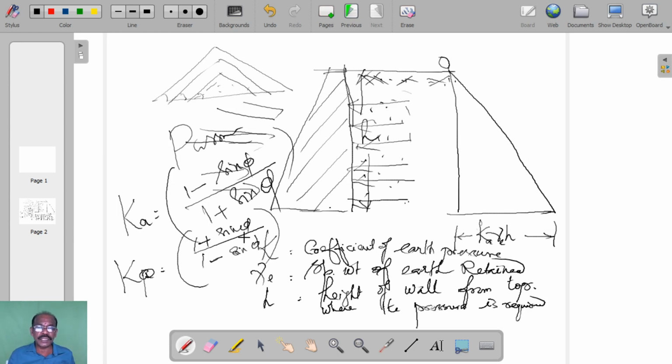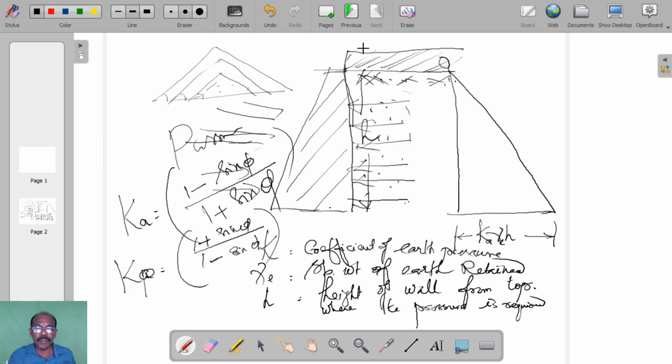Next term: what is meant by surcharge of the soil? Some particular wall is retained by some earth or loose material. Suppose the level of the backfill is more than the top level of the retaining wall. This is nothing but surcharge.